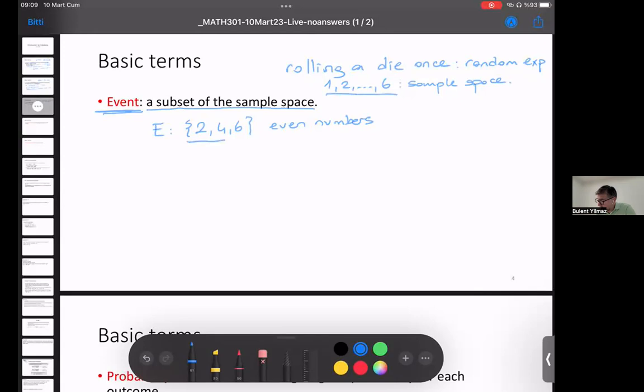What is an event? A subset. This is a kind of big sample space, and this is an event in it: 2, 4, and 6. 1, 3, and 5 will be out of this, and the whole thing is the sample space, and this is an event. I hope this is clear, right?